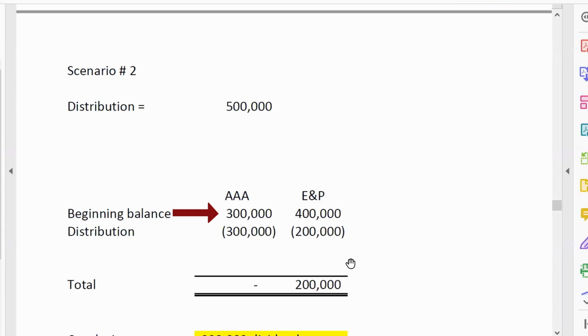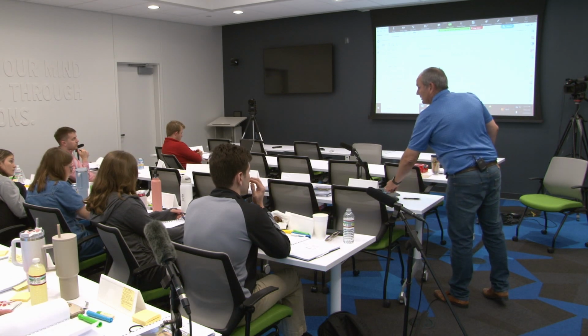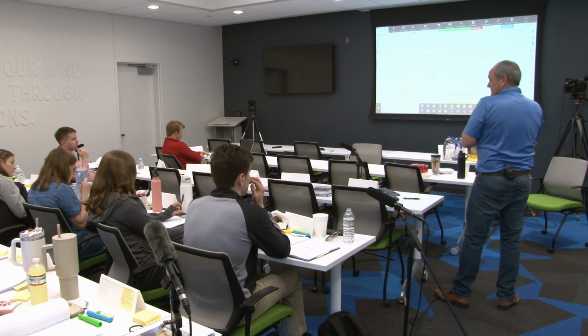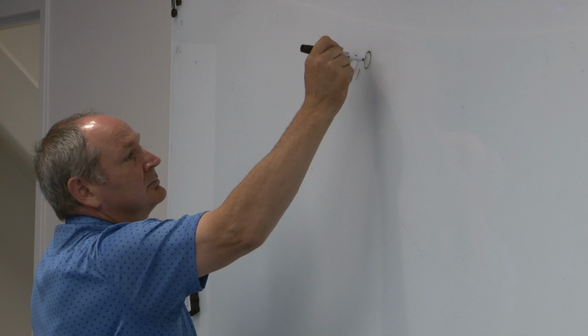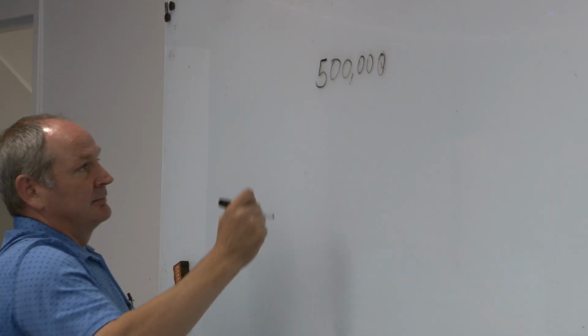We have 300,000 that this particular S corp has earned that's undistributed. So that means that 300,000 of my 500 is going to be distributed under normal distribution rules. And the way I think about this, right, wrong, or indifferent, I got 500. There's an accounting that goes through this.